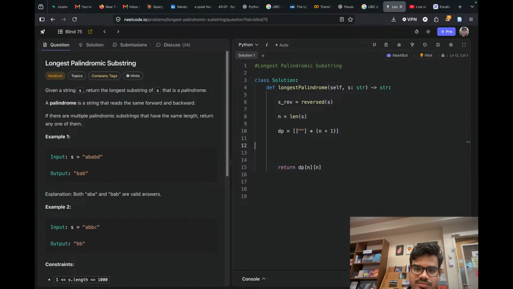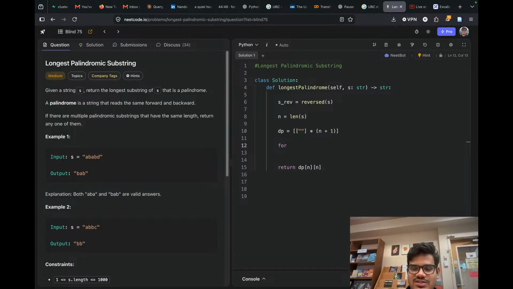Okay, now let's come here. So DP 0 and 0 means that if any of the strings is 0, I don't think there will be any reason to put any index on them, right? If any of them is 0, there will be no common. Okay, so which means that our i will change from 1 to n.